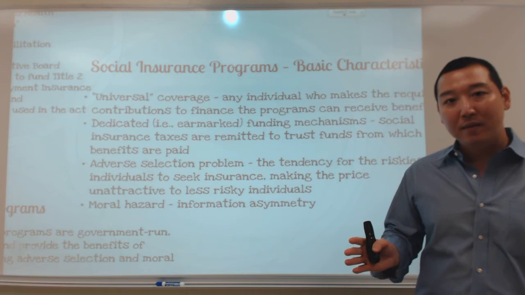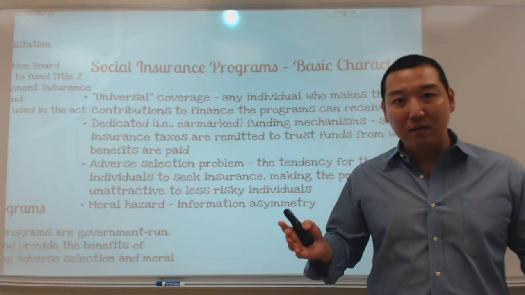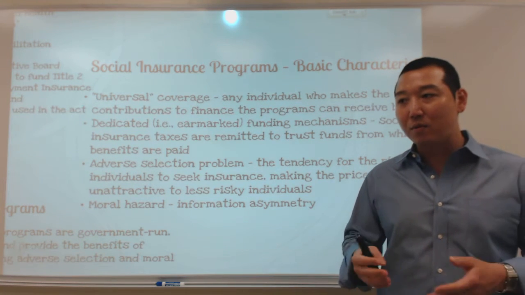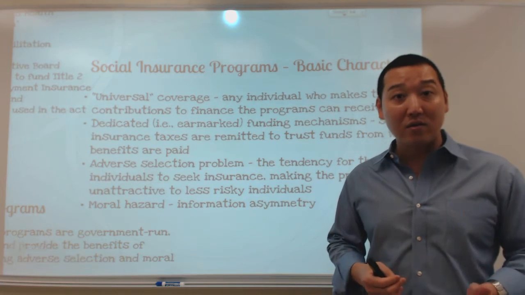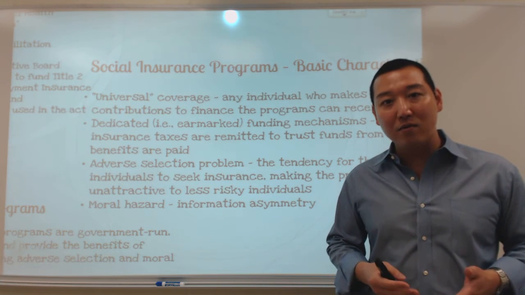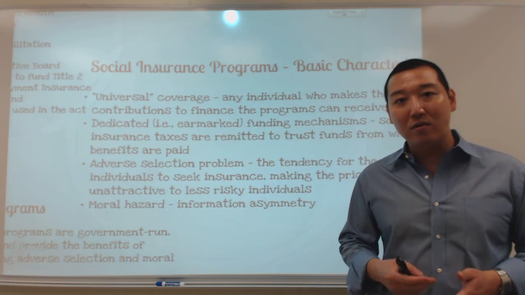What would happen is that you would have certain breakdowns of the structure of those programs. Namely, you might have an adverse selection issue. You might have a moral hazard issue. These are thought to be examples of ways in which the private sector breaks down in operating certain insurance programs.